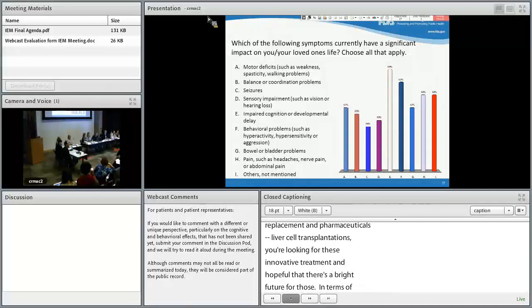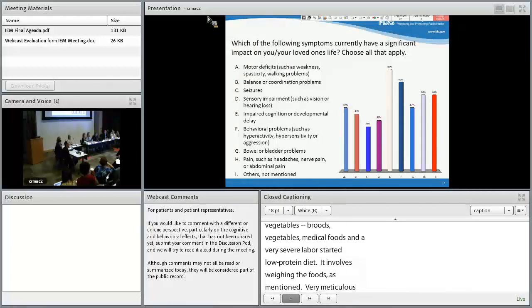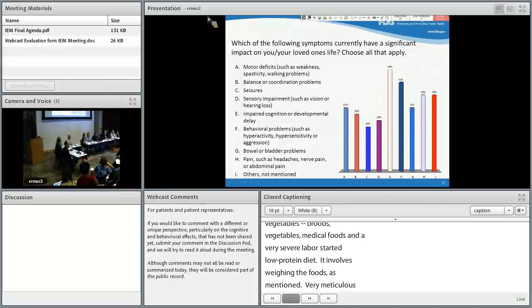In terms of what's available today, it's a daily formula intake that we rely on as 80% of his diet, in association with fruits, vegetables, medical foods, and a very severely restricted low-protein diet. It involves weighing the foods and, as Christine mentioned, very meticulous recording of the intake.